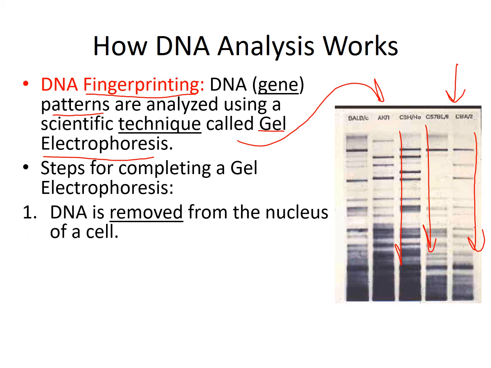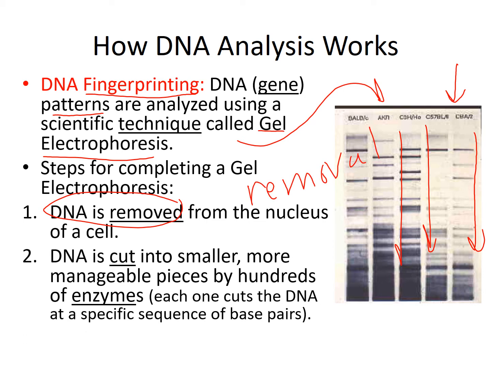But the first thing is we got to remove DNA from the nucleus. So the first step is removal. Next thing is DNA will then be cut into smaller pieces by hundreds of enzymes. Each one cuts the DNA at a specific sequence in base pairs.